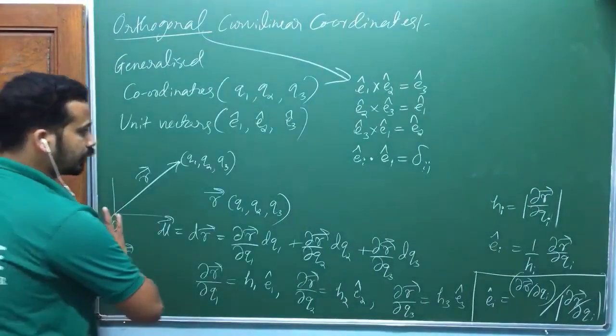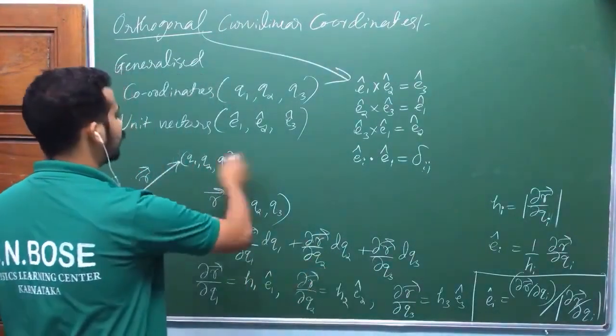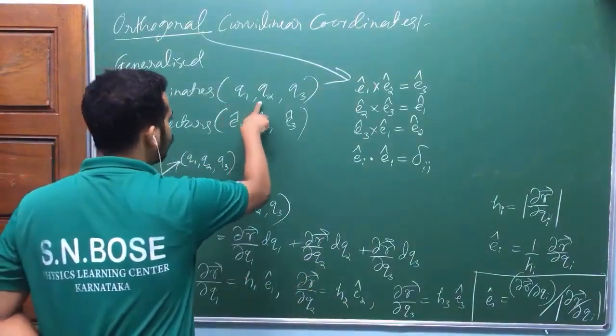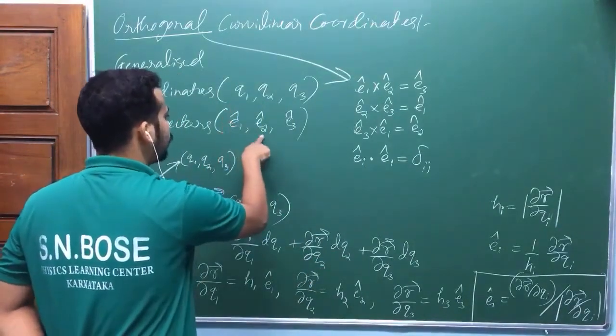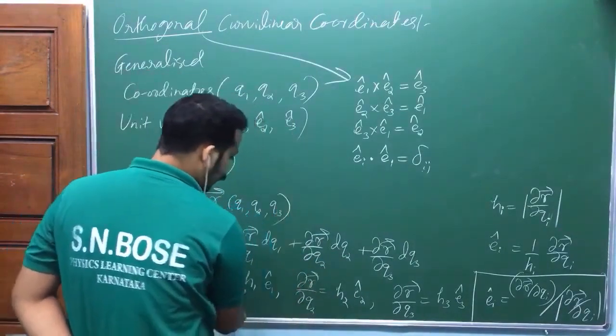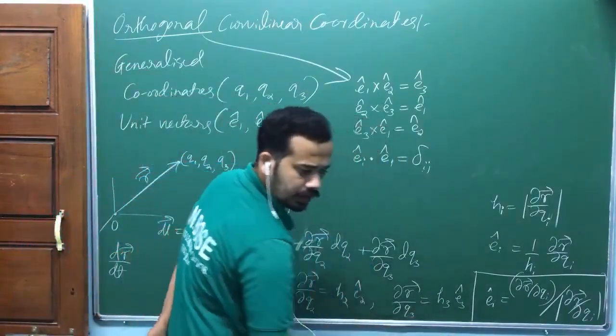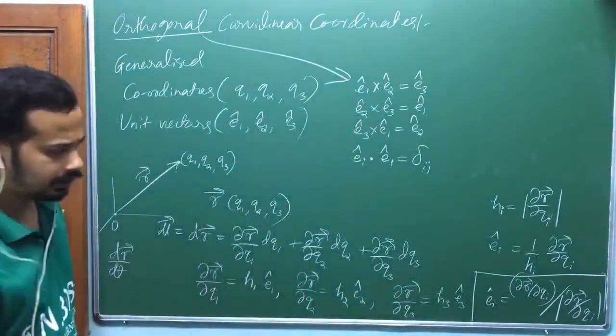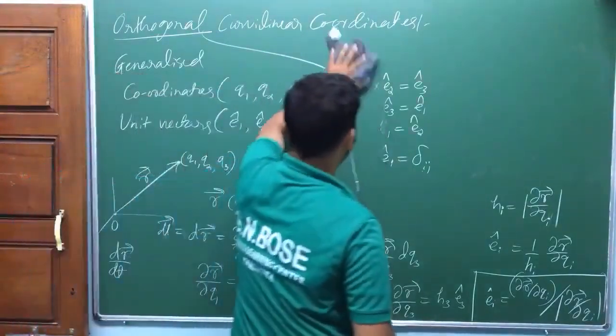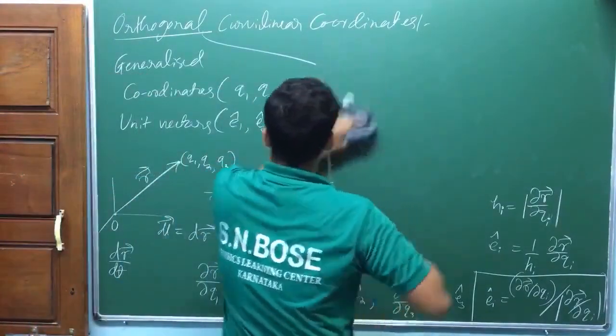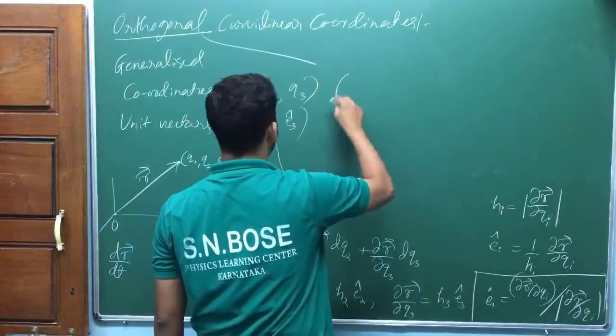Again, just keep this in mind. Whenever we define any coordinate system, along with Q1, Q2, Q3 and E1 cap, E2 cap, E3 cap, we define H1, H2, H3. I think that's called the metric element. Anyone, can you quote if you know? Let me try the tensor analysis later, after the syllabus.